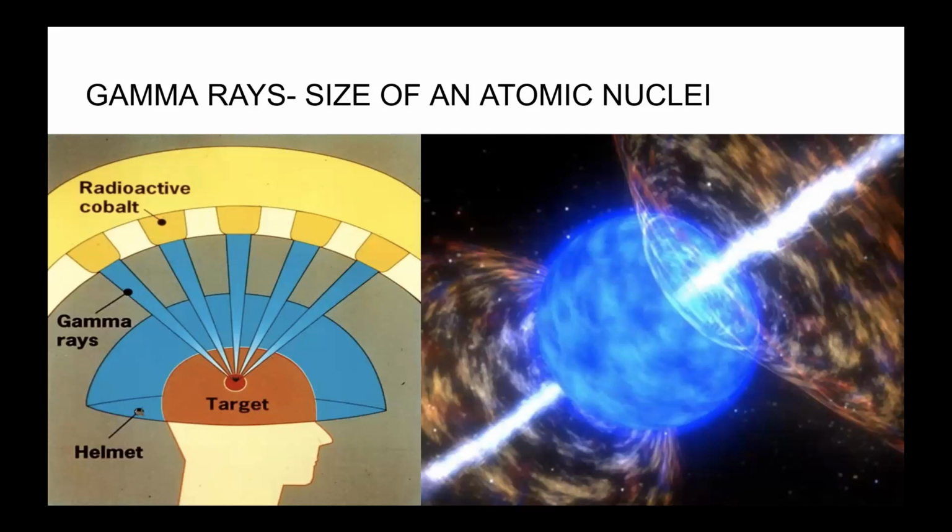Well, if a person has cancer, they can get what is called a radioactive cobalt treatment, and the gamma rays are targeted for the tumor in the person, and it will kill it. And over there on the other side, you see a picture of a celestial body emitting gamma rays.